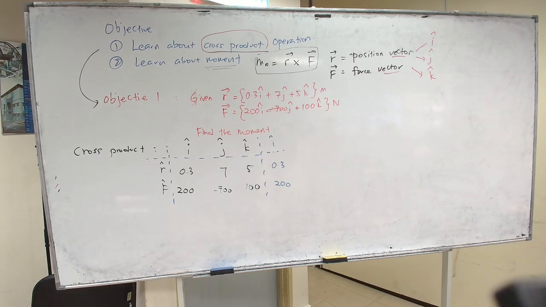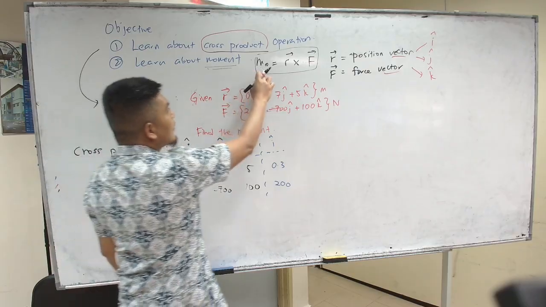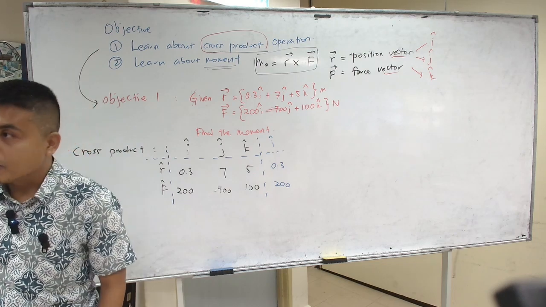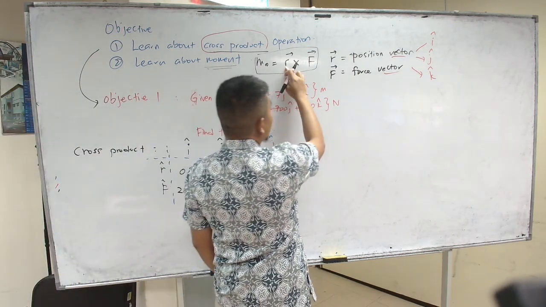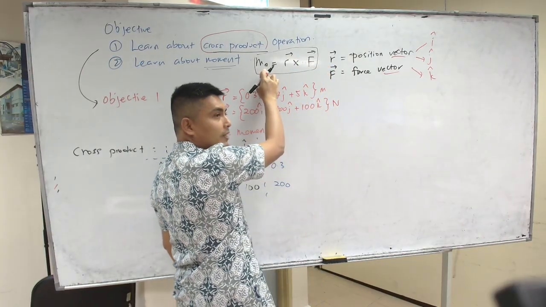Okay. So now the moment should also have I, J, and K directions, because this is a cross product between vectors, so the moment is also in vector form.